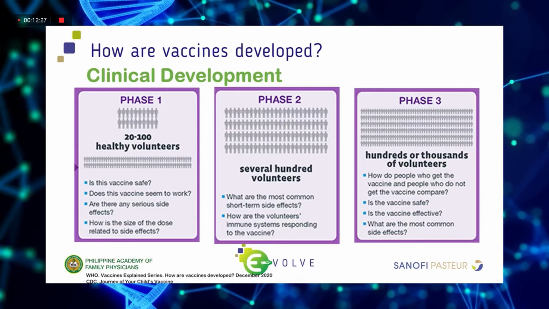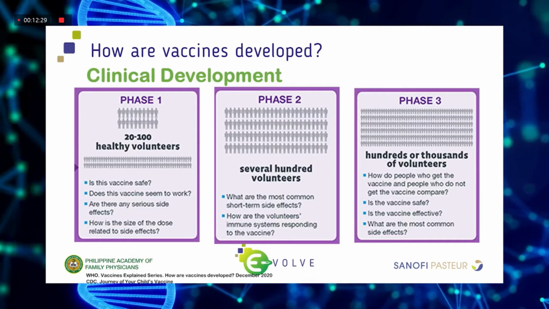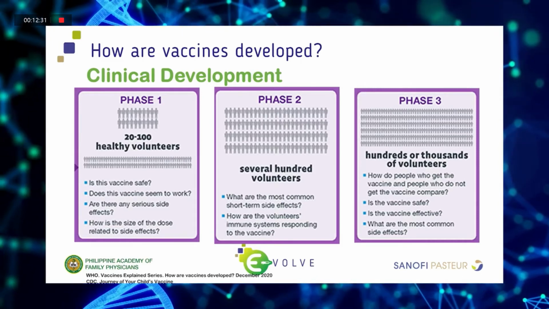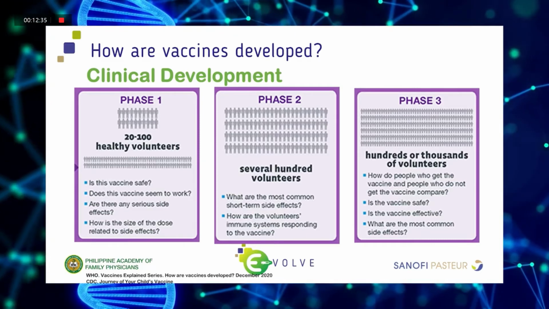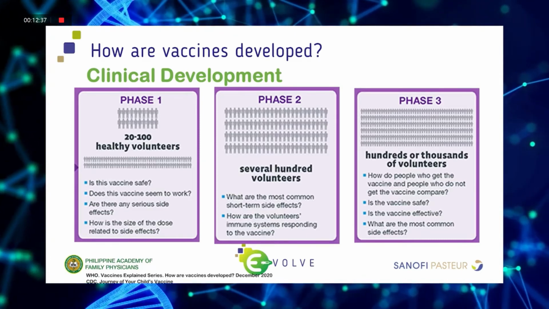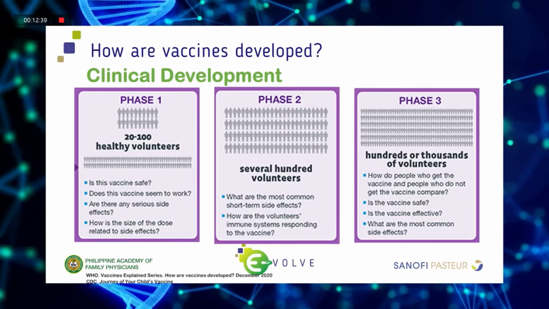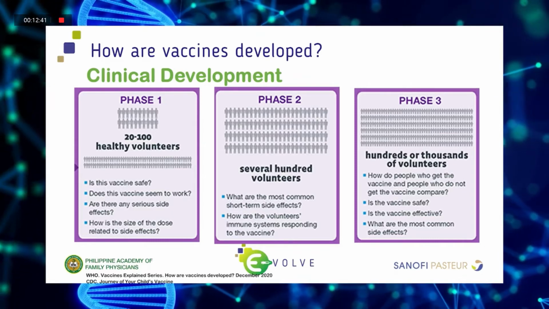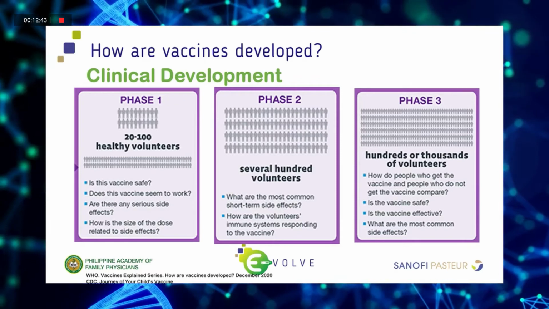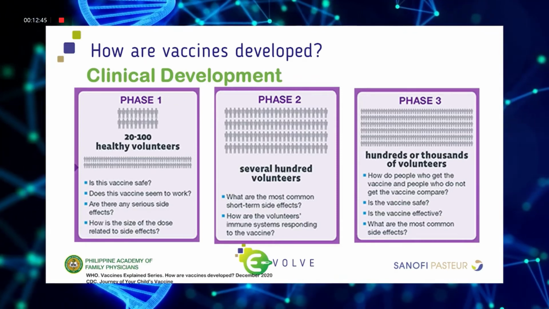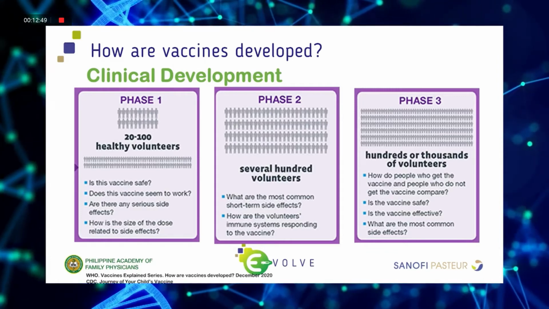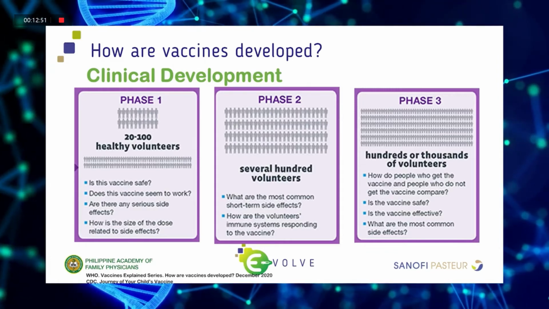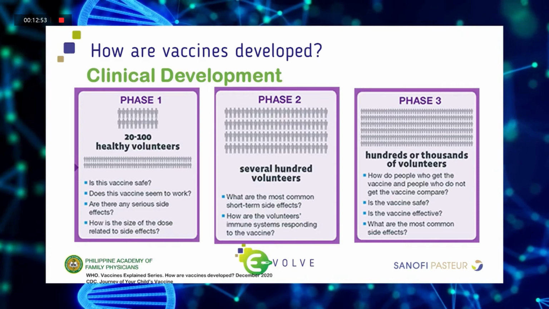In phase 3 clinical trials, the vaccine is generally administered to thousands of people, and the study generates critical information on effectiveness and additional important safety data. This phase includes additional information about immune response and compares those who receive the vaccine to those who receive a control such as a placebo.